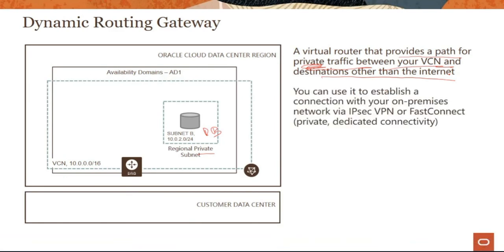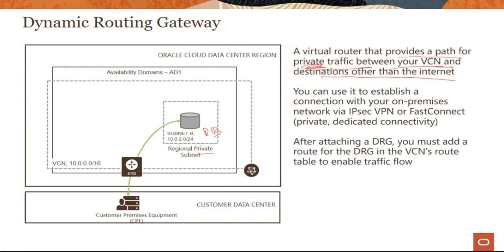In this case, you can use the dynamic routing gateway to establish a connection, and there are two different mechanisms for doing that. One is using site-to-site VPN, and the second is a dedicated private connectivity called FastConnect. We'll cover these in subsequent modules on connectivity. But as the graphic is showing here, through the DRG, now your database can communicate to your on-prem environments.